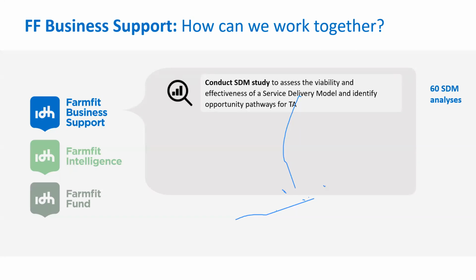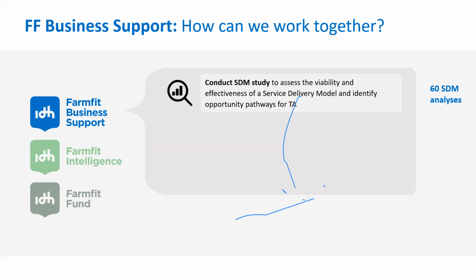Actually, we are already seeing that we're, for example, working very closely together with a coffee team on some cases where we look into not only models that focus on coffee, but models focusing on diversification elements on cash crops. But beyond these 60 SDM analyses, we also can do cases for your programs outside Africa or that are not focusing on our key cash crops.